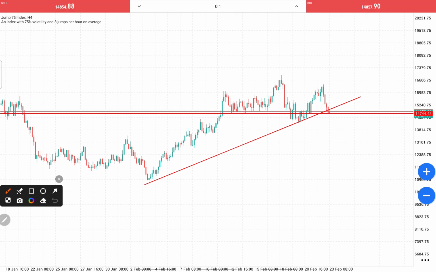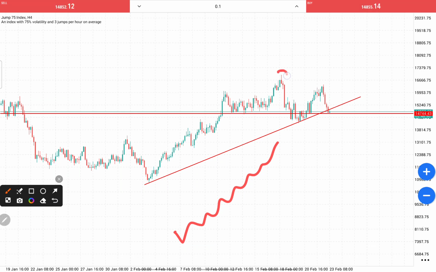Another confirmation is rejection candle. Rejection candle simply means that the market has been buying, and then all of a sudden you see a weak rejection. Now, the market can present double confirmation. The market can present both the bullish engulfing confirmation and weak rejection confirmation.